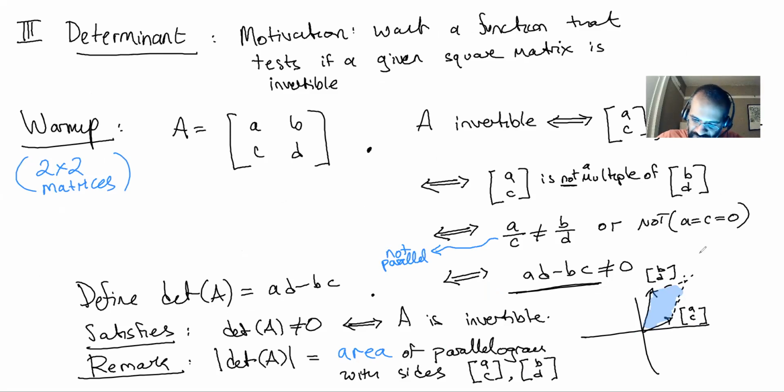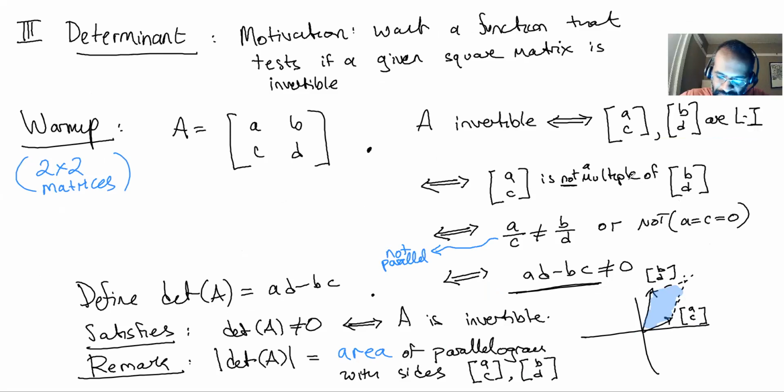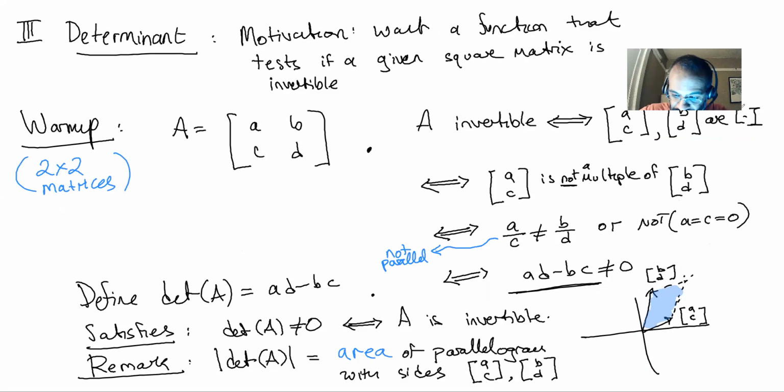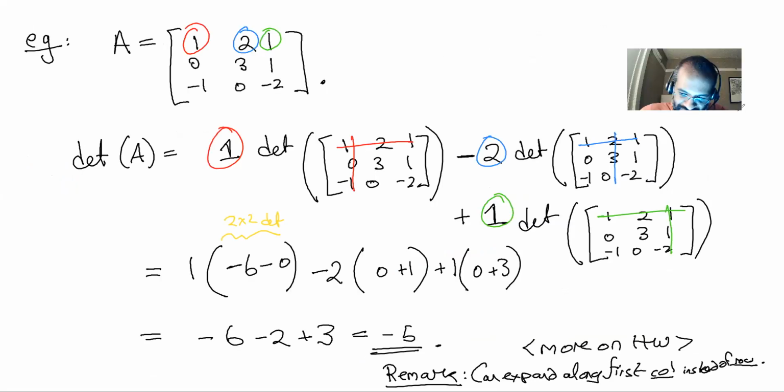It's related, but I didn't use that here. Here I just derived it from the fact that a 2x2 matrix is invertible if and only if the columns are not parallel vectors. Then how did you know that R is invertible if and only if the determinant of R is not 0? That's a different reasoning.